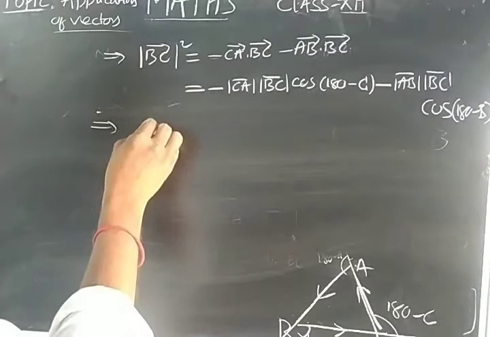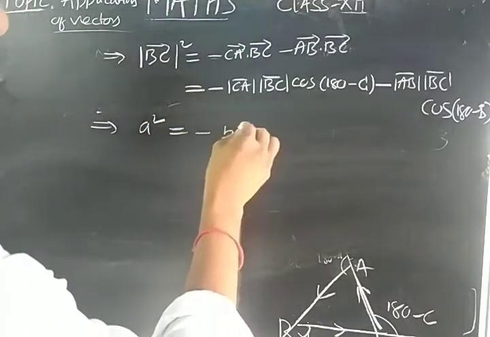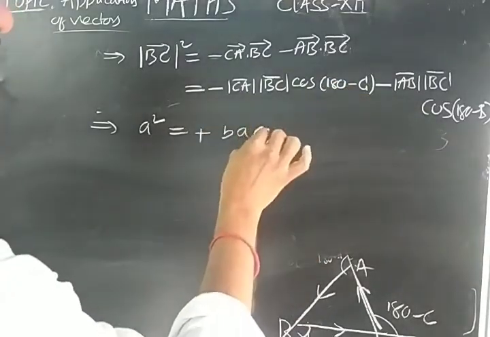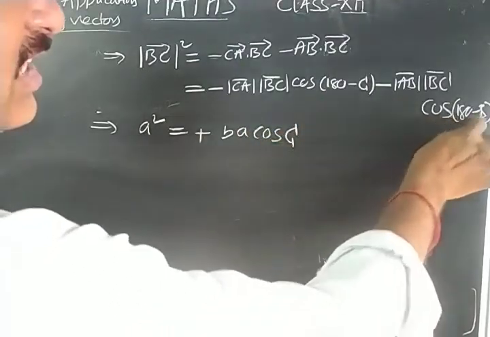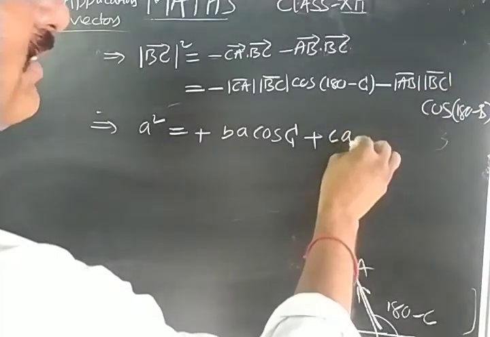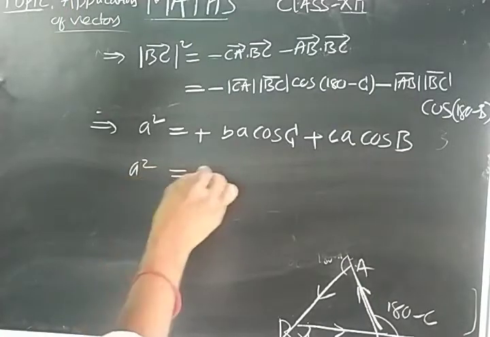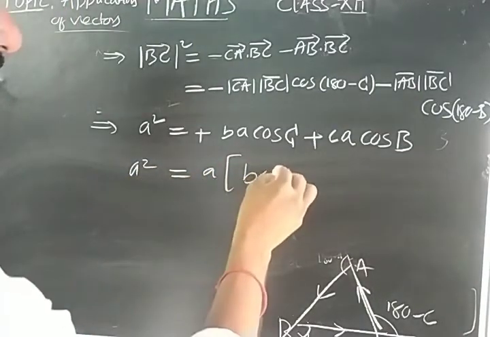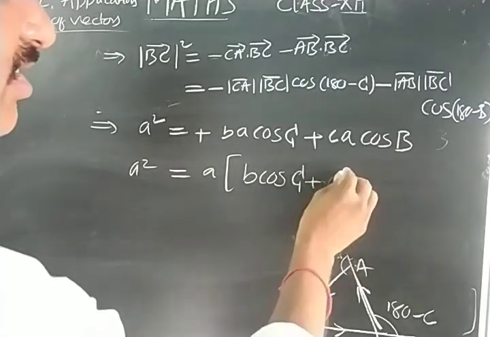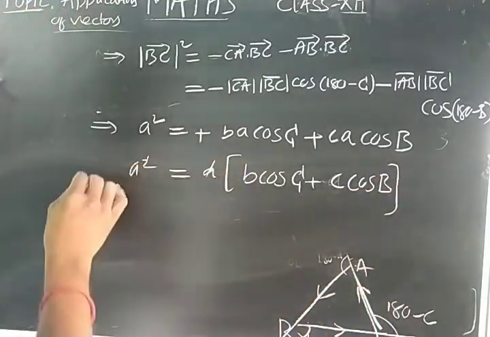BC bar square is a square, minus CA is b, BC is a, cos 180 minus theta, plus cos C. Here again cos 180 minus becomes plus, AB is c, BC is a, cos capital B. By taking a common on the right hand side, you will get b cos C plus c cos B, a square.